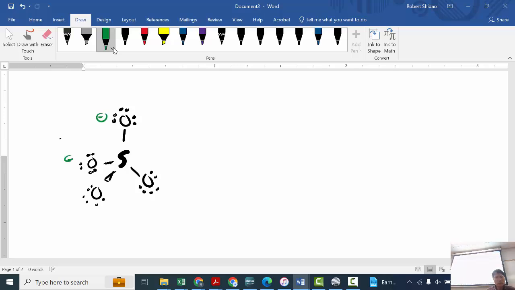The formal charge on each of these oxygens is minus 1. And the formal charge on sulfur is going to be +2. Formal charges I'll circle. The oxidation states are counted differently. The oxidation states on each of these oxygens is -2. And the oxidation state on sulfur is +6.